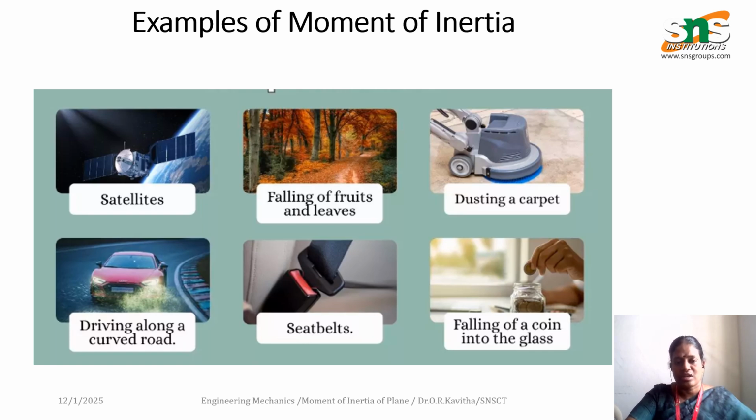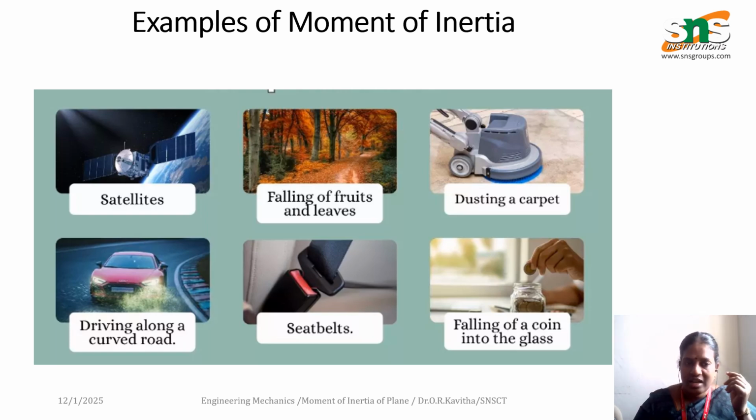The best examples are the movement of satellites, the falling of fruits or leaves from a tree, dusting of carpets, driving along a curved path, the seat belt, and the falling of coins into a glass. These are some of the examples of how the moment of inertia matters in everyday activities.